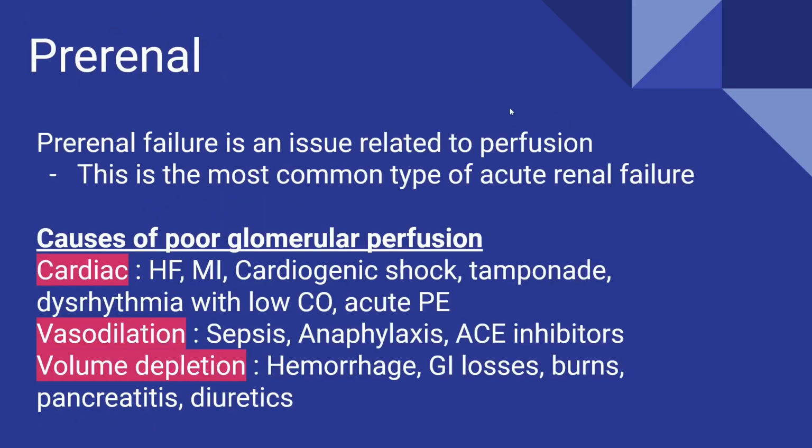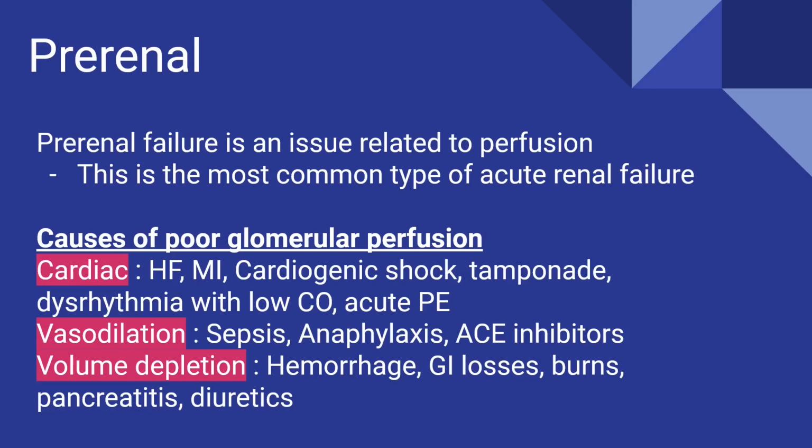So when we're talking about renal failure, we'll start with pre-renal failure. So pre-renal failure is any kind of failure caused by an issue before the kidney. So when we're thinking of that, we're thinking of a perfusion issue. So a hypoperfusion causing the kidney failure related to the glomerulus. So causes of poor glomerular perfusion, right?